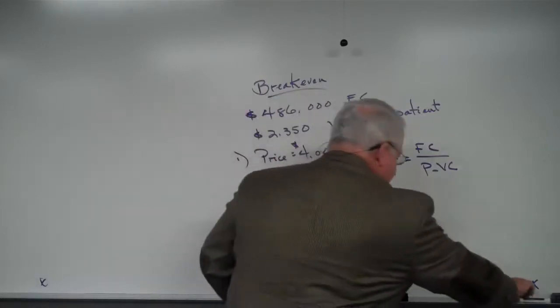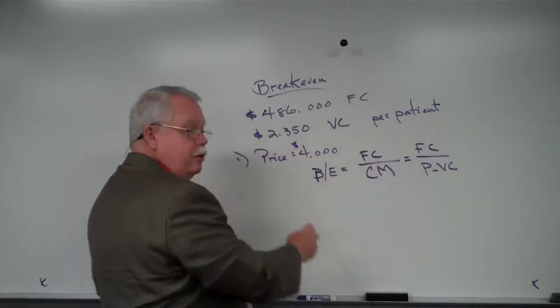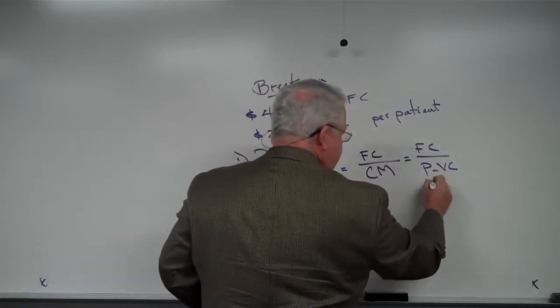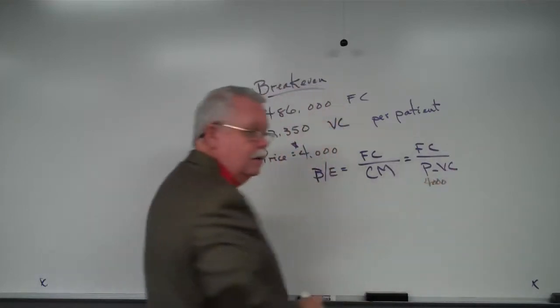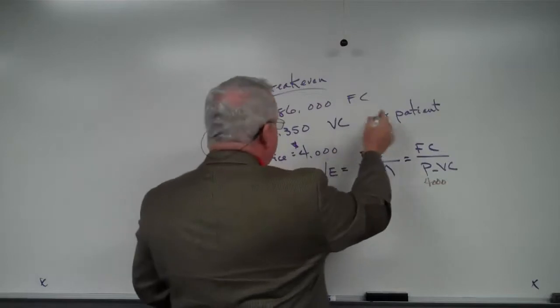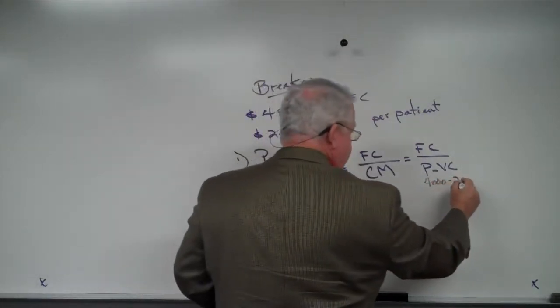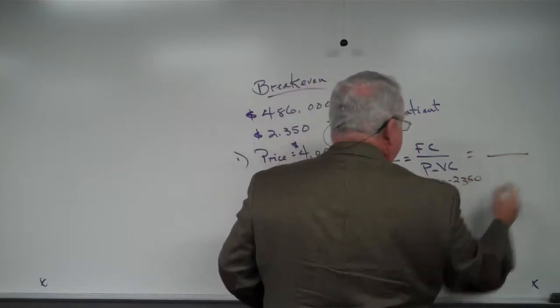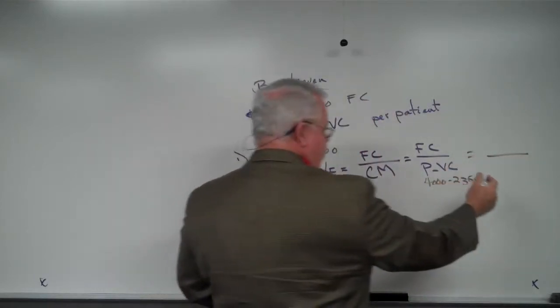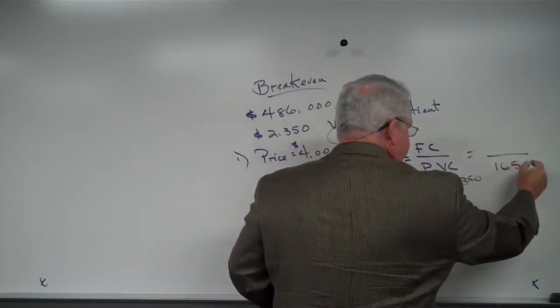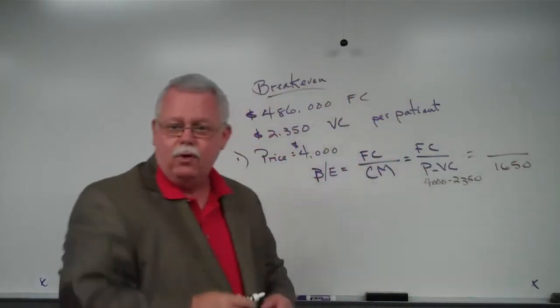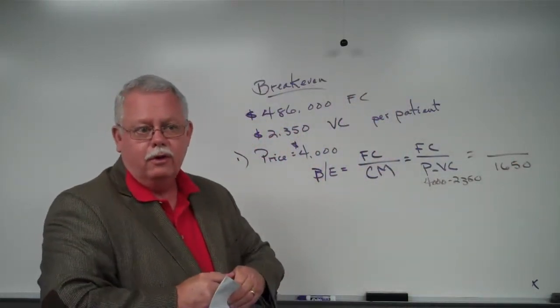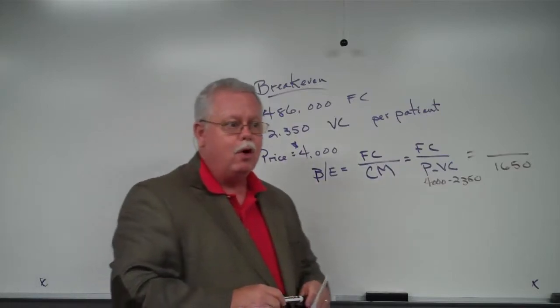Every time you treat a patient, you make $4,000, and you incur a cost of $2,350. So that means for every patient you see, you have $1,650 left over above your variable cost. And that's what we call the contribution margin.